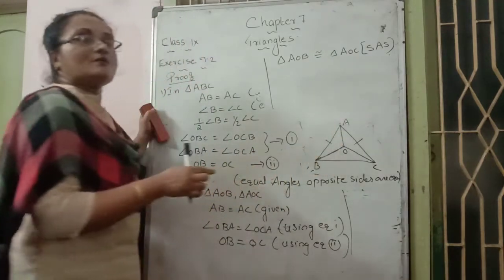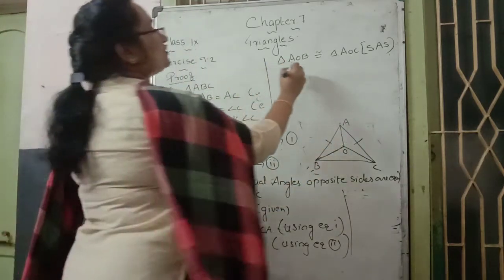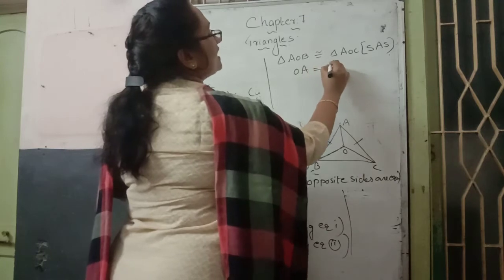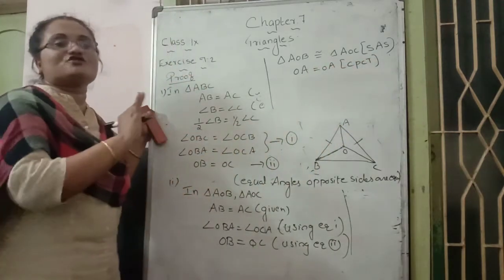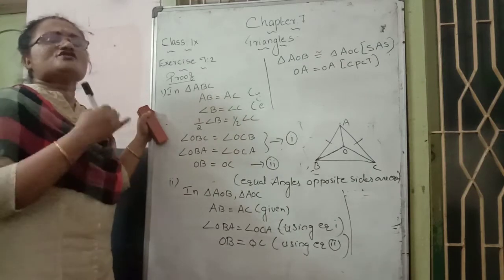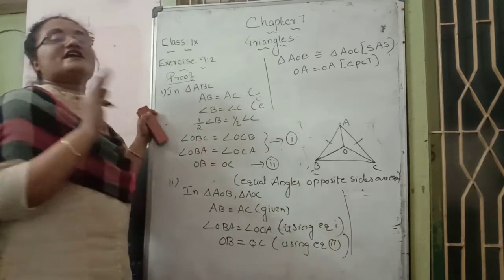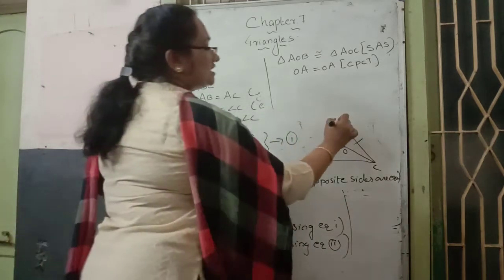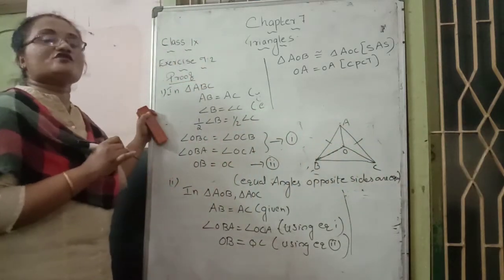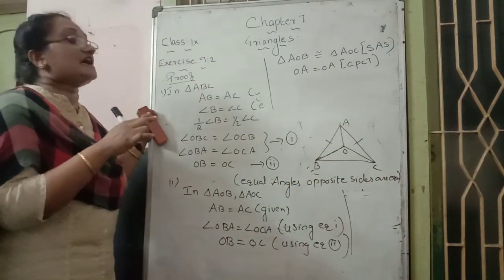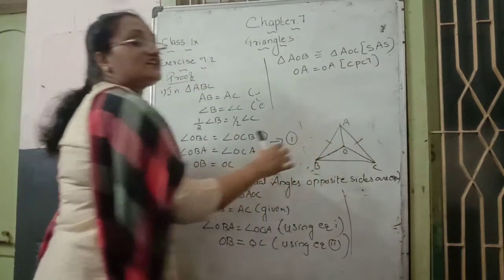OA side is common. OA is the third side of these two triangles. So we can write OA equals OA by CPCT. Why? Because we already proved that the two triangles are congruent, so the corresponding part of the congruent triangles, the third side OA, is common for triangle AOB and triangle AOC. That means the line OA bisects which angle?